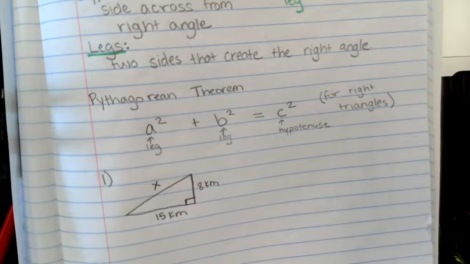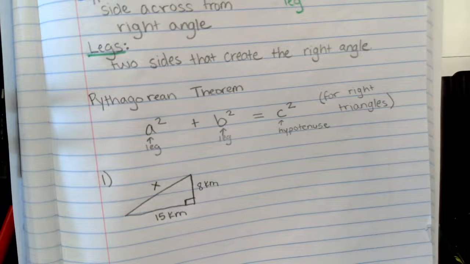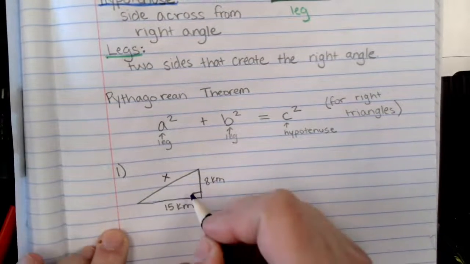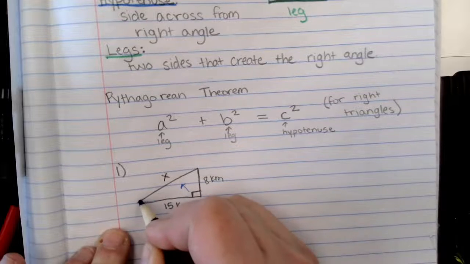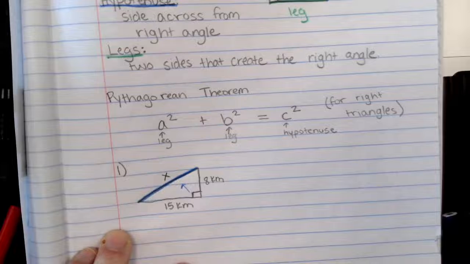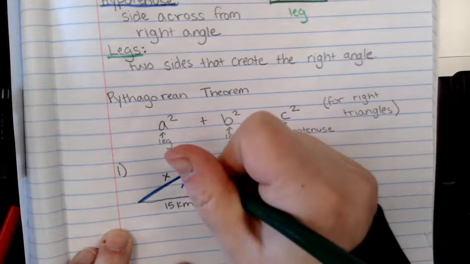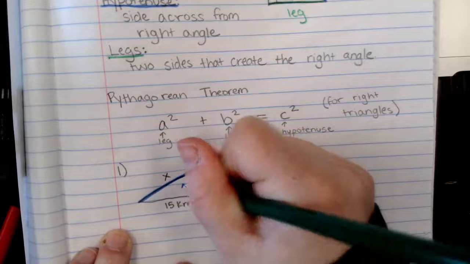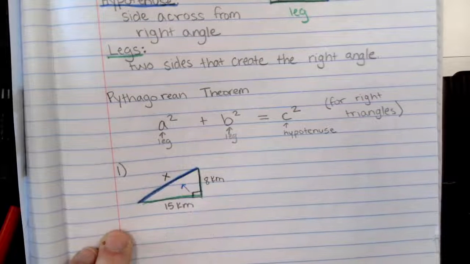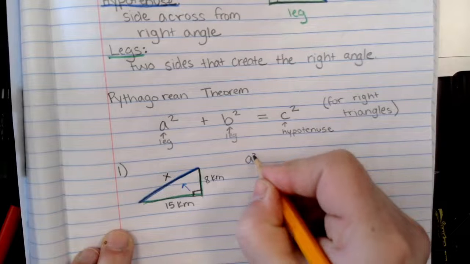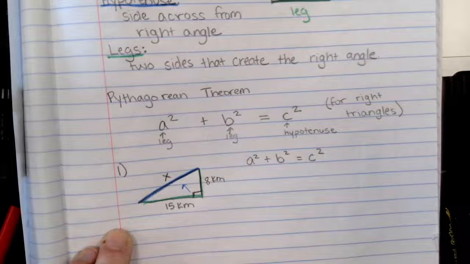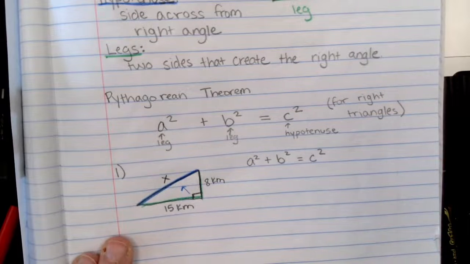So in my equation here, a squared plus b squared equals c squared, where does that hypotenuse go for A, B, C? So A and B are my legs. It doesn't matter which one goes where, as long as those legs are my A and my B. Because remember, we can always switch those around. We could do B squared plus A squared, but that just sounds silly.